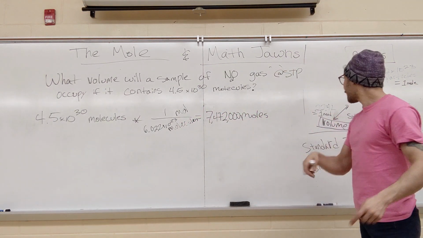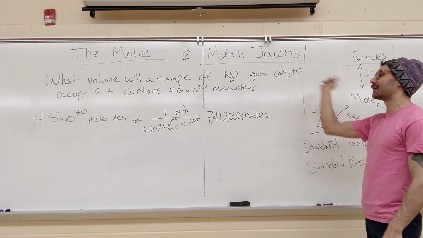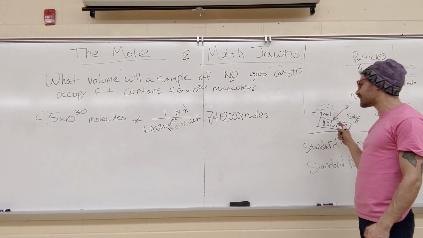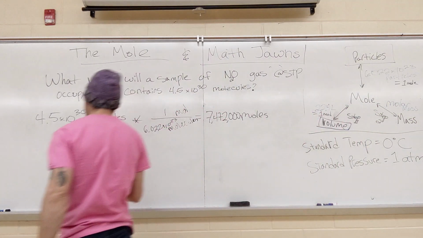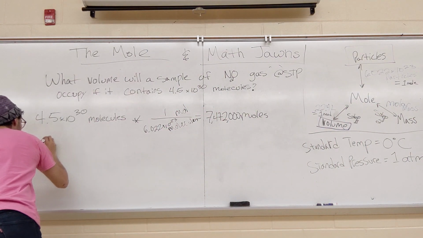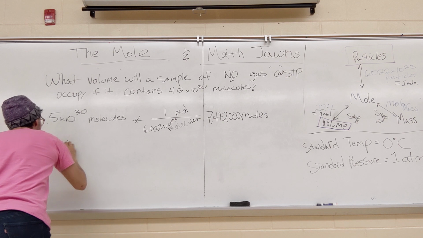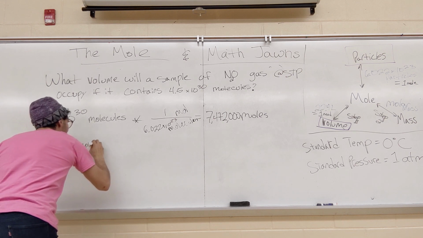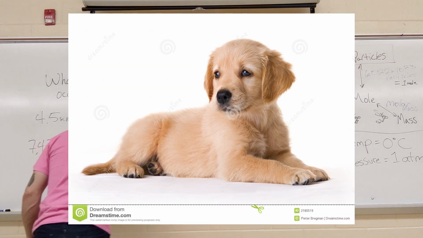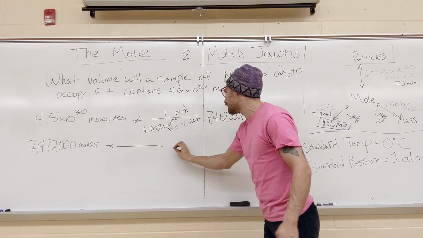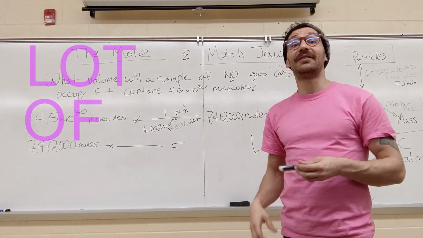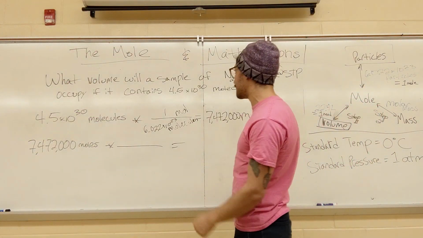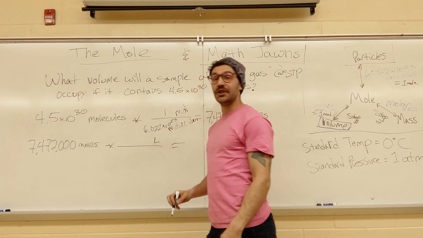Well, now we can go ahead and convert those moles. What did we want? Oh, we wanted volume. We can convert that into volume using this conversion factor. We'll take our 7,472,000 moles, and we'll convert that into volume. Our typical volume units are going to be liters, and I have a feeling this is going to be a lot of liters, because if liters are our new unit, that should be up top in the numerator.